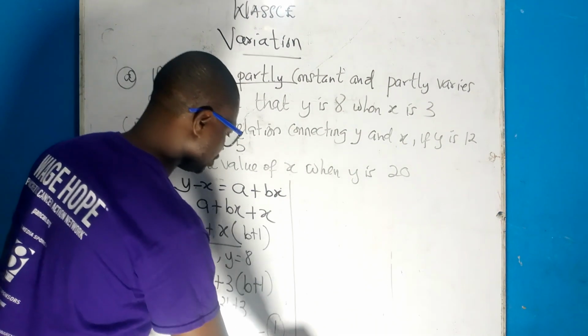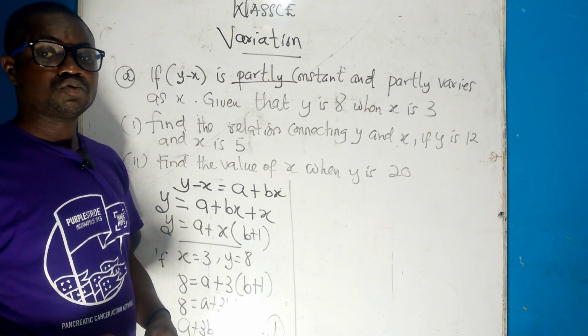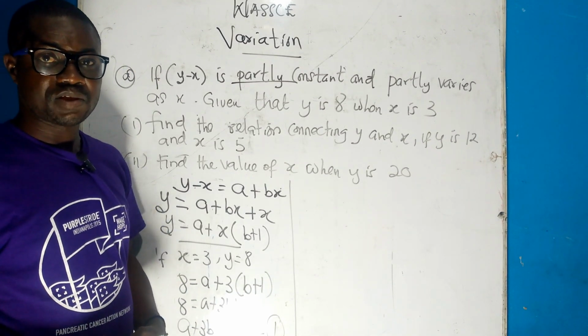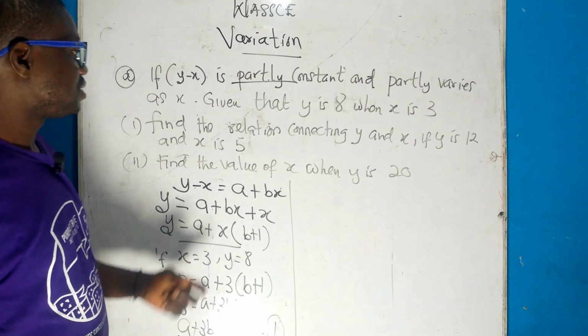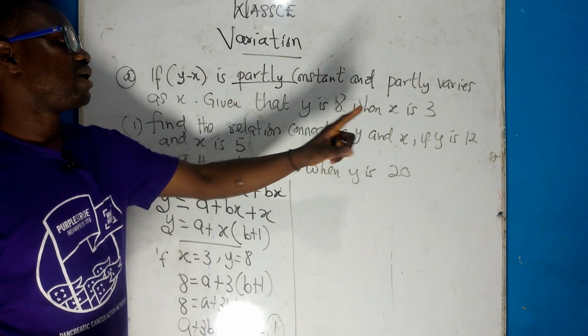Now we are supposed to draw another equation from this. In the question it says that we have to find the relation of y and x if y is 12.